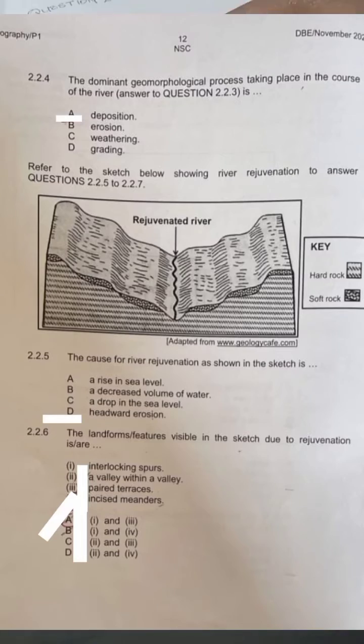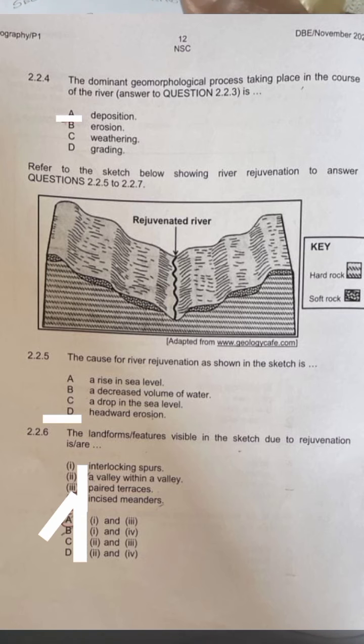2.2.6, the landforms or features visible in the sketch due to the rejuvenation is or are. We have 4 Roman figures, 4 options, and we are supposed to choose an option that has a combination of 2.